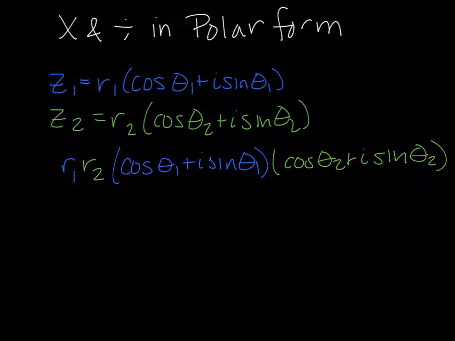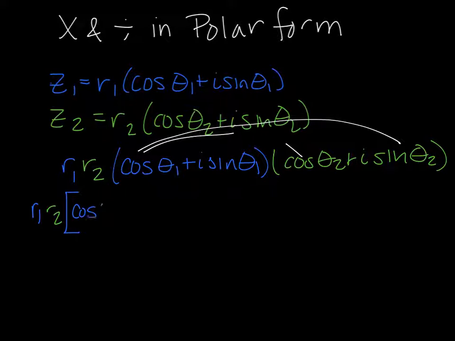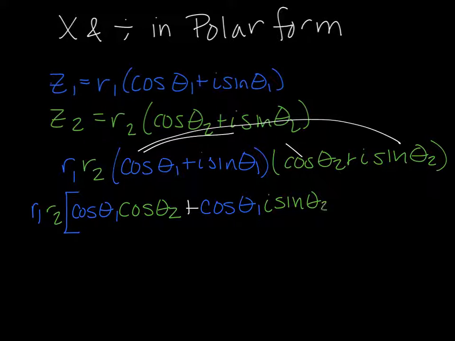All right, then for the fun part, I have to take everything in here and multiply it times everything in there. So we still have R1, we still have R2. Now I'm going to go like this: cosine of theta 1 times the cosine of theta 2, plus cosine theta 1 times I sine theta 2.